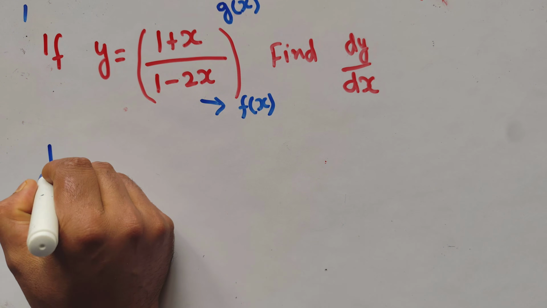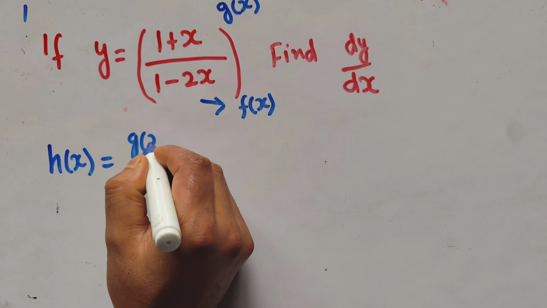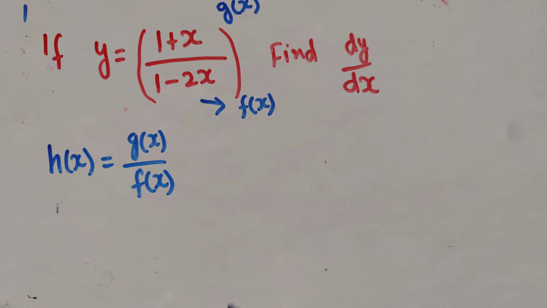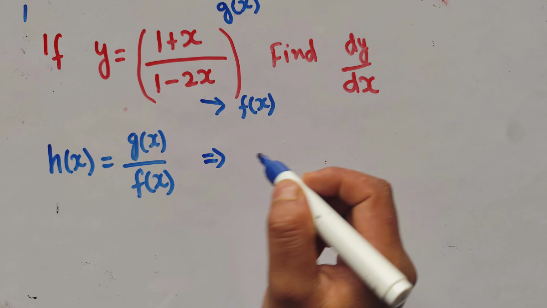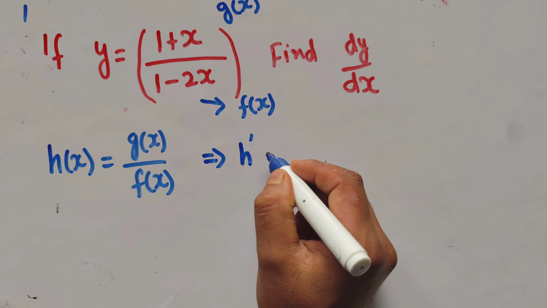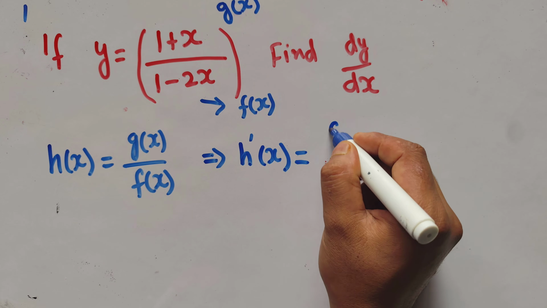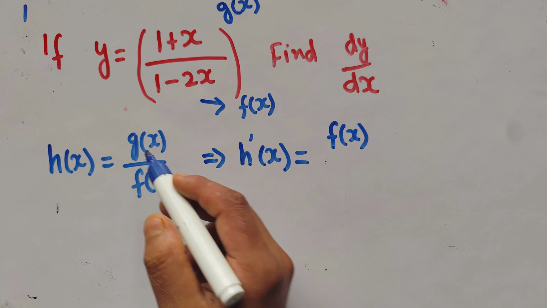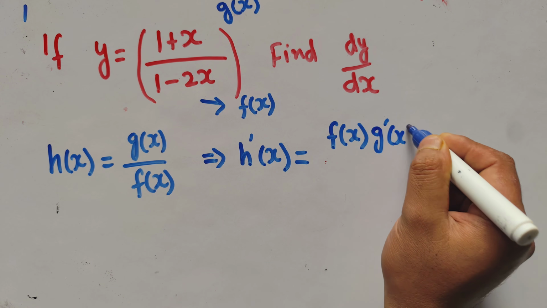If we have a function h of x equal to g of x upon f of x, then the derivative h prime x is equal to: first we write the denominator function f of x and multiply it with the derivative of the numerator function, g prime x.